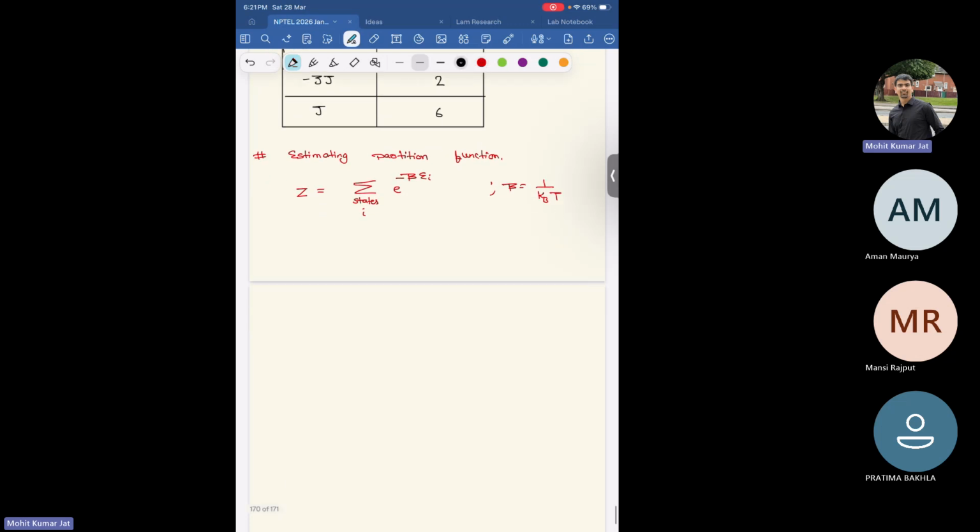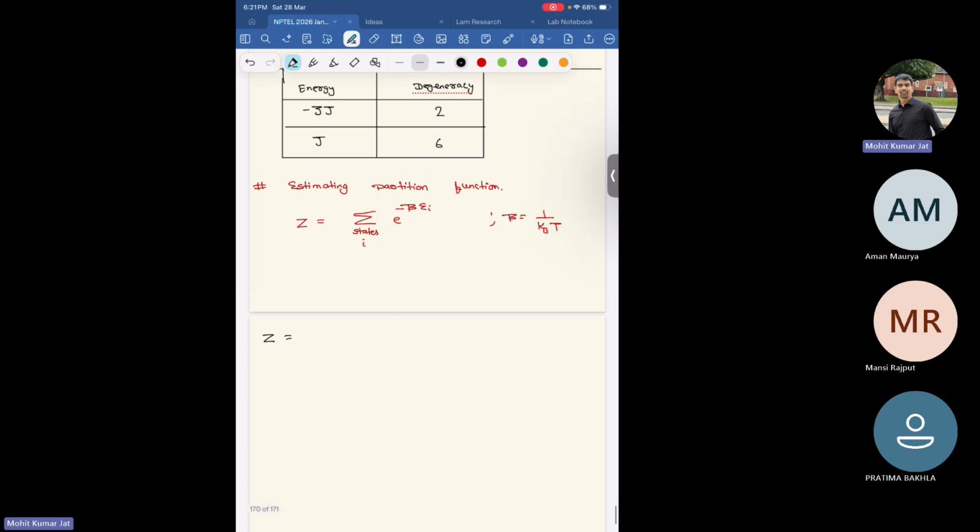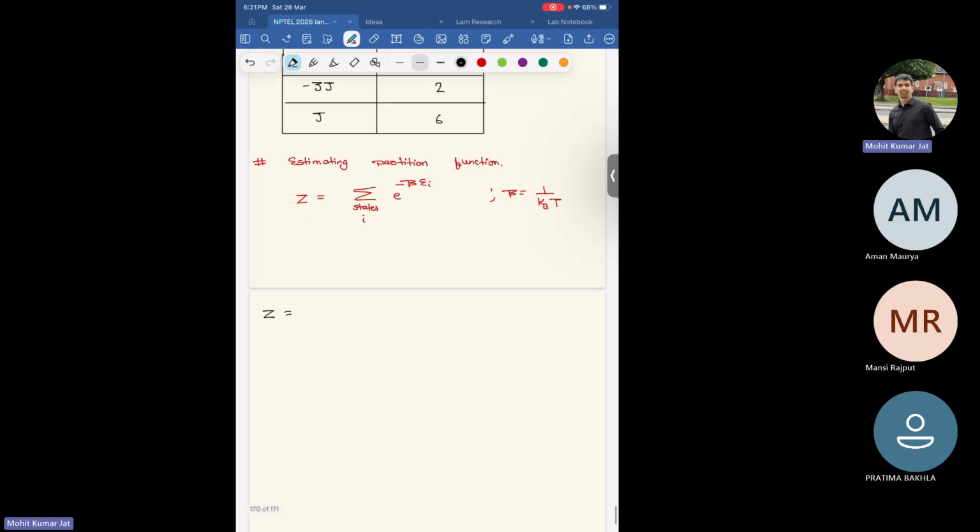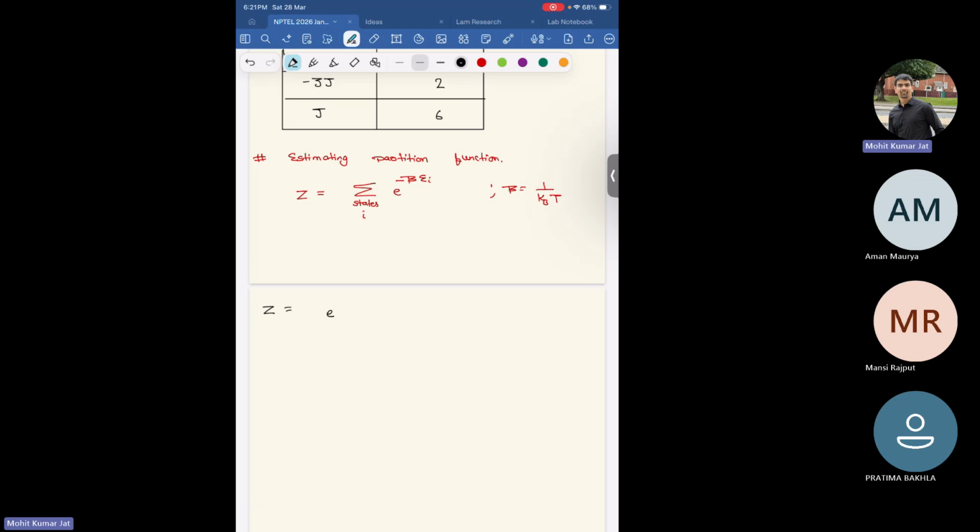So now I can write it: the energy for one state is minus 3J, so e to the power minus beta times minus 3J. Another state also has the same energy, minus 3J.